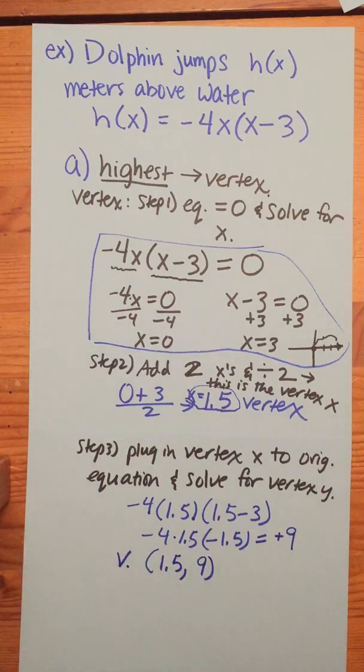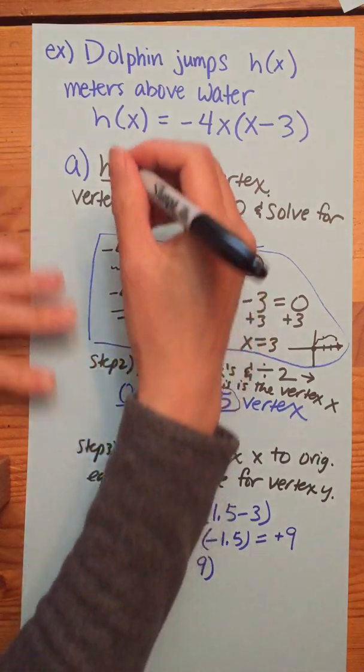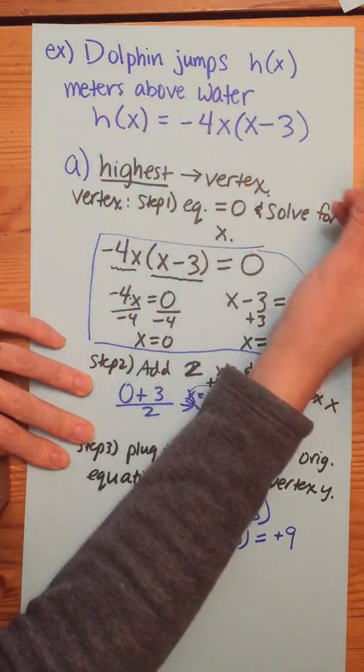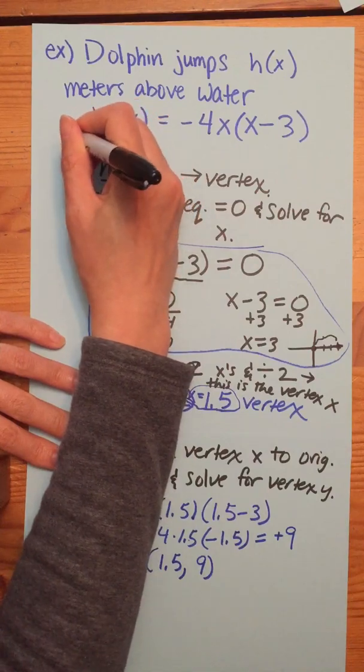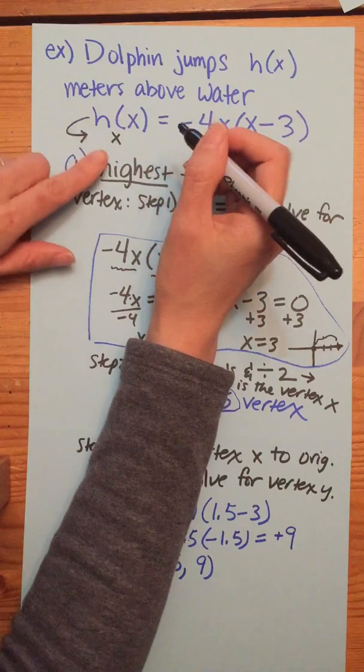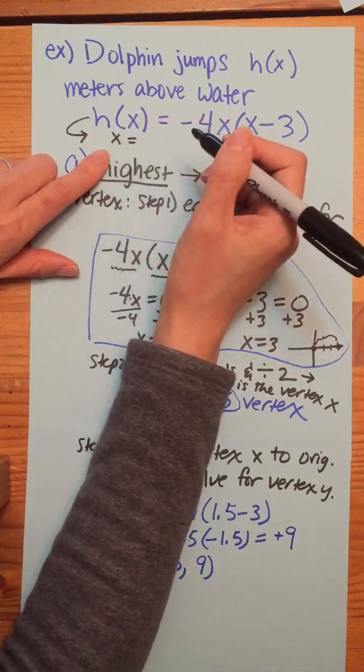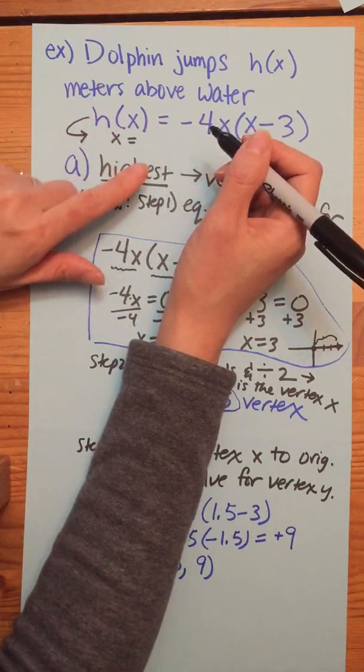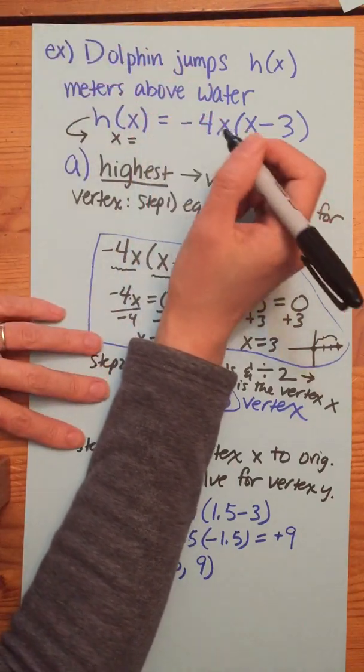The next step in this question is to figure out whether they're asking for the x value or the y value. A good thing to do every time you get a problem, as the first step, is to label what x and y stand for so you don't get confused later on. Here, x stands for time, because the dolphin jumps this high above the water in x seconds.